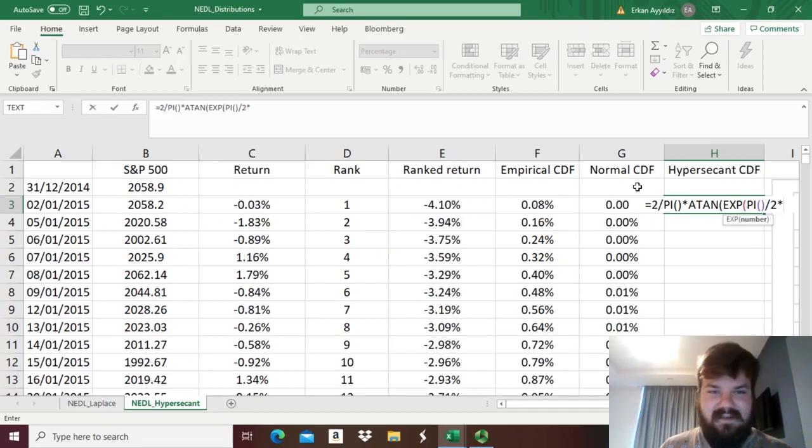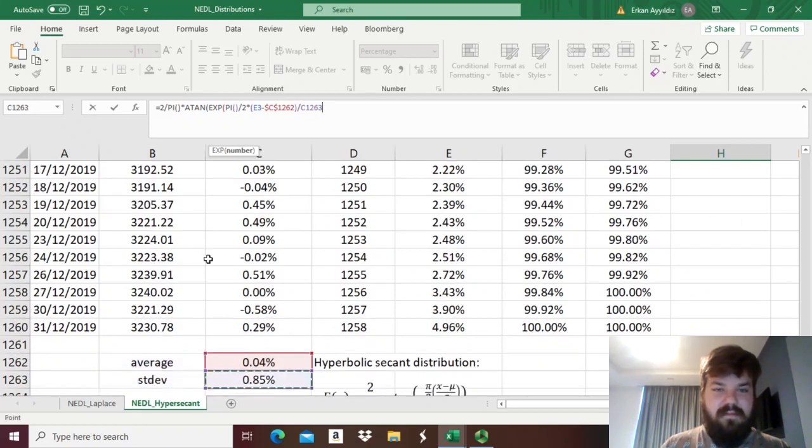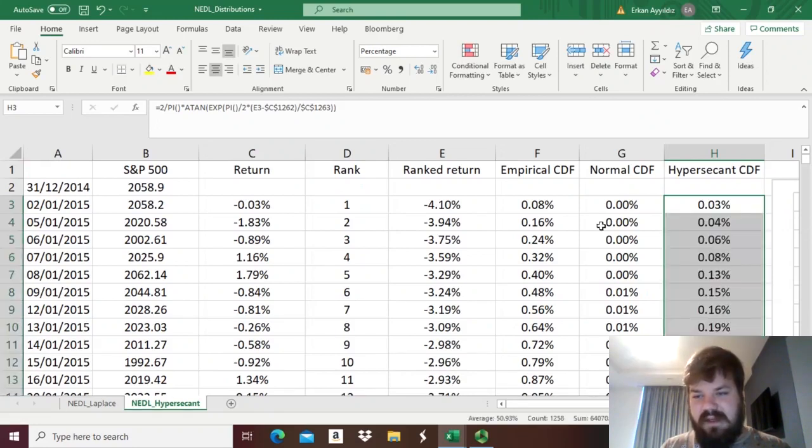So basically a z-stat, if I'm entirely honest with you. So the z-stat would be the rank return minus the average and divided by the standard deviation. And we close a bunch of parentheses, enter the formula, and bottom right click it all the way down.